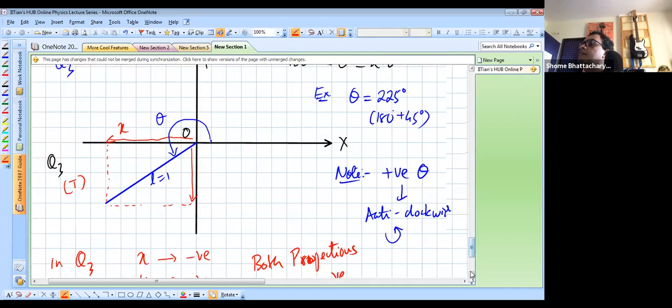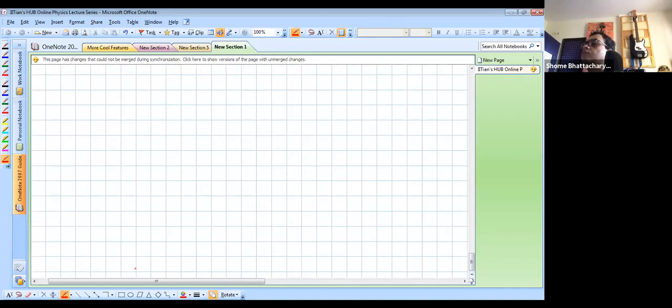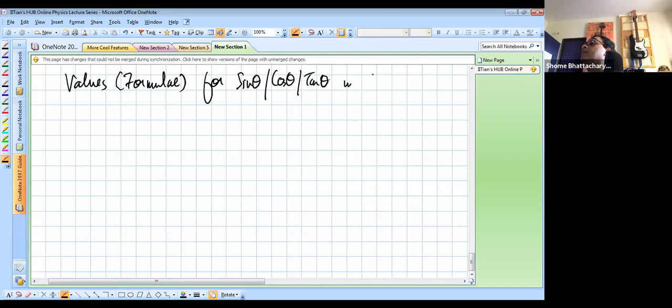Now it is about the value. Okay. So how to find the value of sin theta and cos theta? Or you can say the formula for sin theta, cos theta, tan theta in quadrant 3. So for that, let us for the moment now concentrate just on where our rod is.